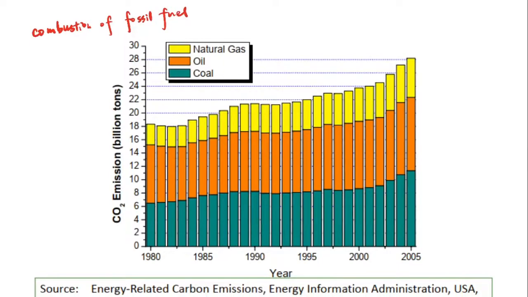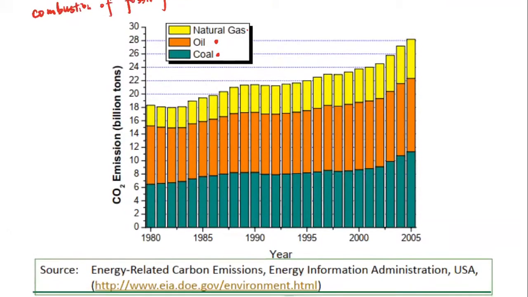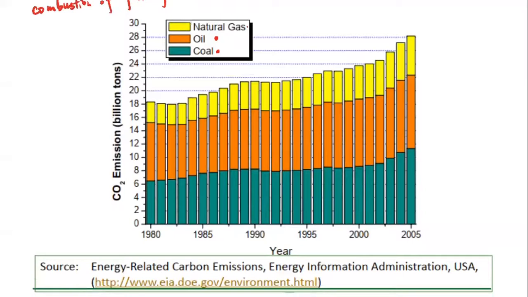Okay, but if we further break it down into different sources, we have the carbon dioxide coming from coal, carbon dioxide coming from oil or gasoline, right? Gasoline is one type of oil, and we have the carbon dioxide coming from natural gas. So you can see that basically coal and oil are occupying quite a significant fraction.